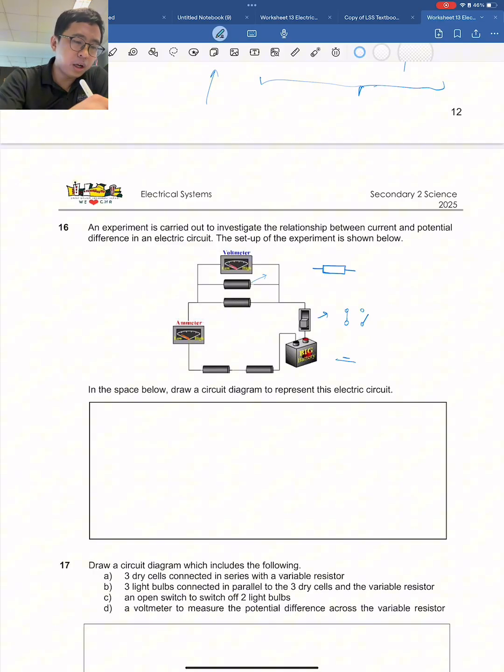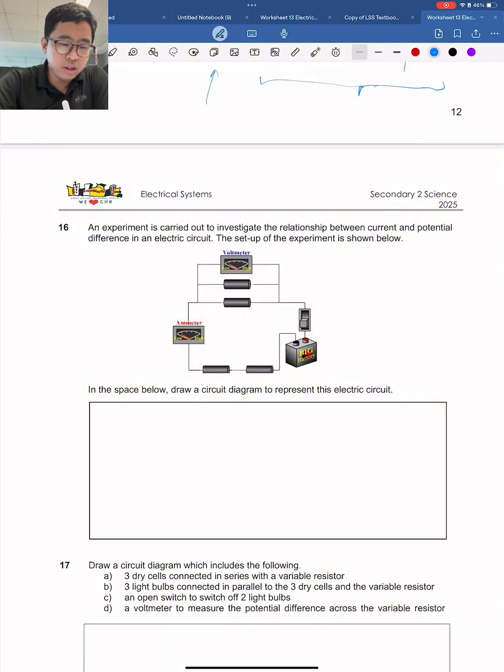How I taught you all to approach it is, if you can do it directly, but if not, you also can do it in this manner. You can just kind of draw it on here like that. You have ammeter, and connect this, connect this, connect this.